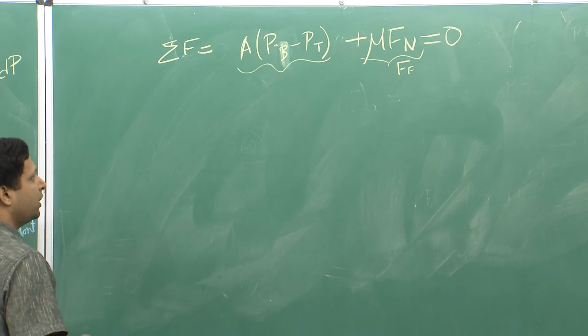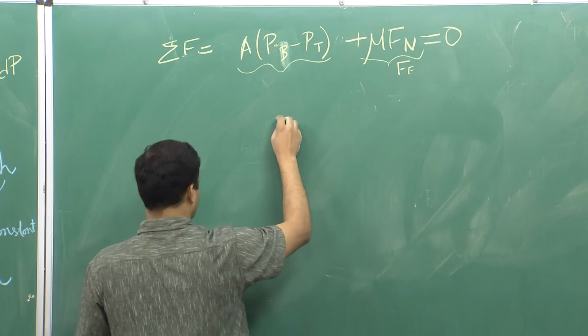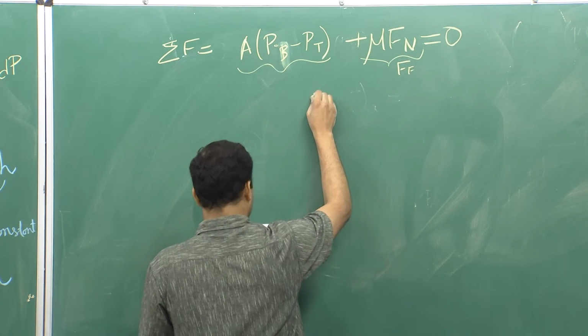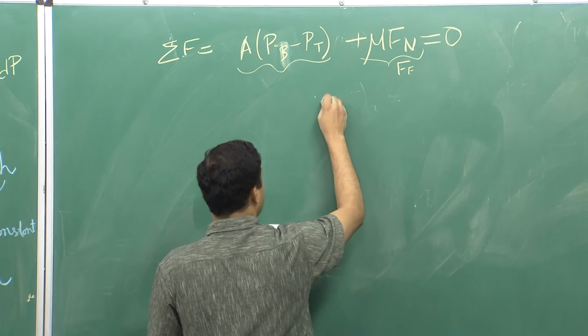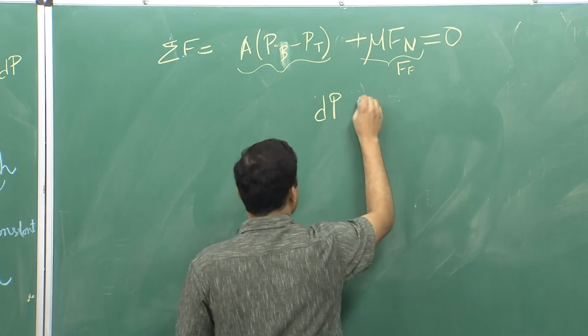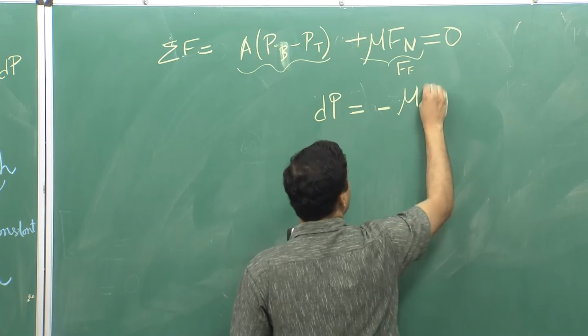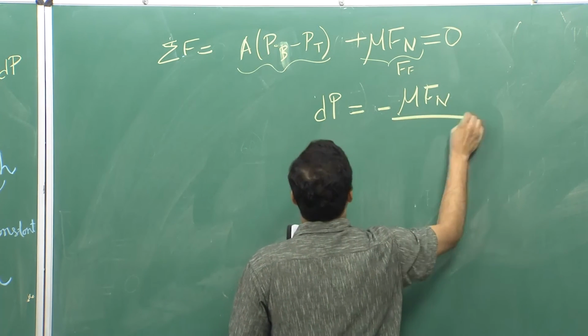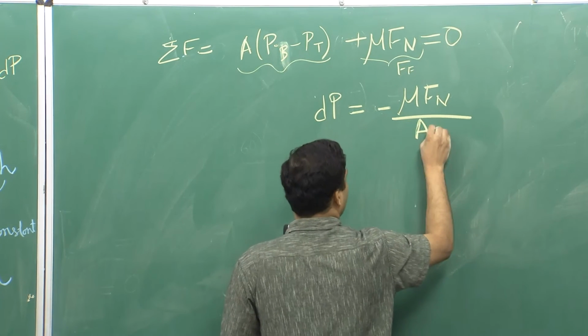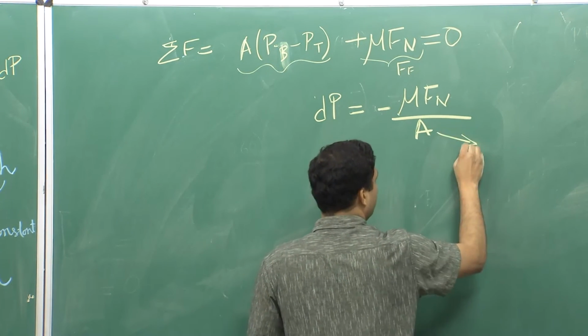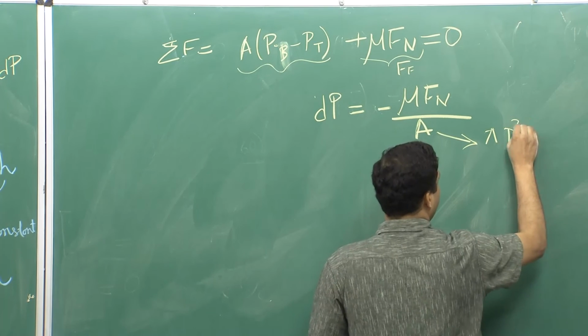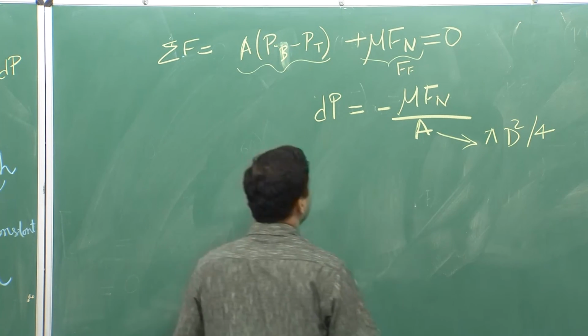So, over there we have this. Now, we can change Pb minus Pt to dP. So, dP is equal to minus mu Fn by A, where A is nothing but pi d square by 4.